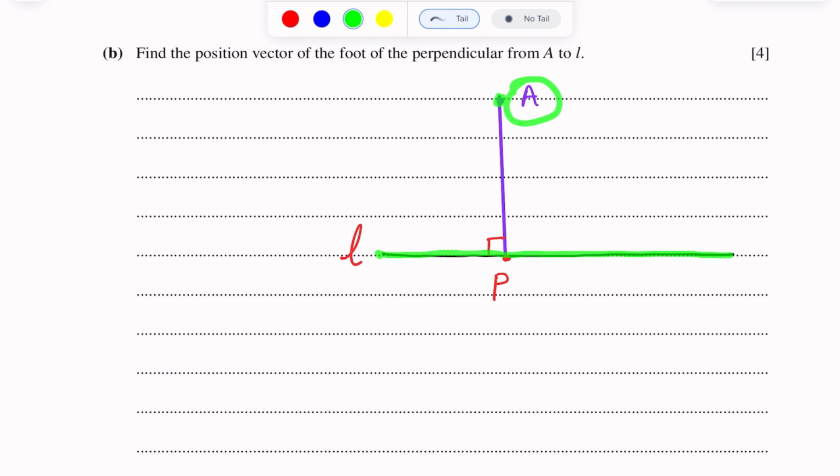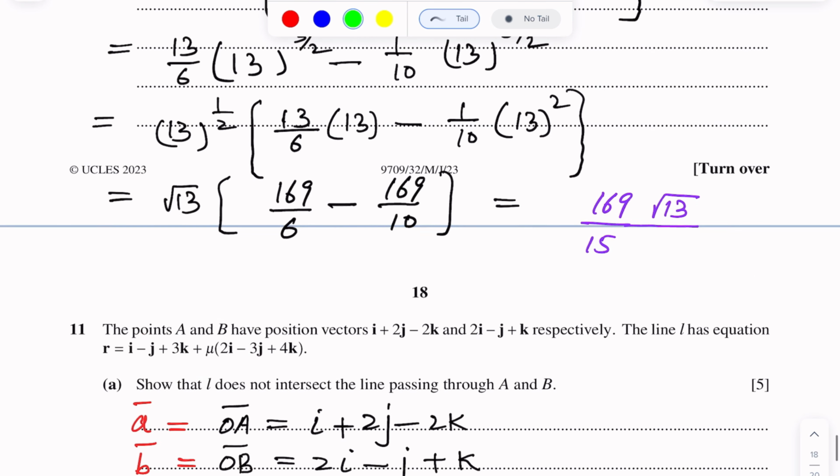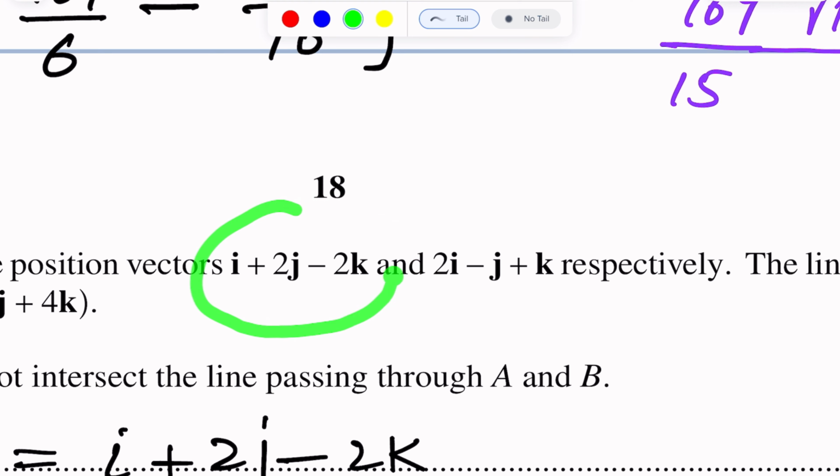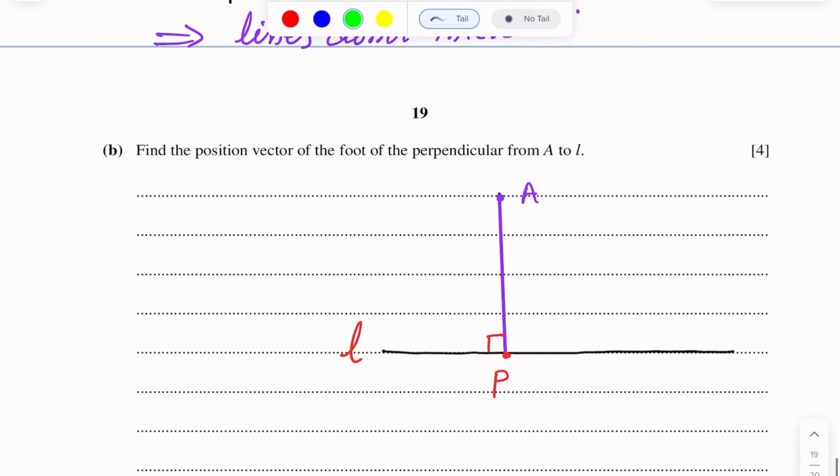This is point A. Coordinates of point A are given. This is the position vector of point A, but we will write here the coordinates of the point A, which are 1, 2, -2, and the vector equation of this line L is also given, and this point P is the general point on the line L. We have to find the coordinates of this point P, which is the foot of perpendicular.